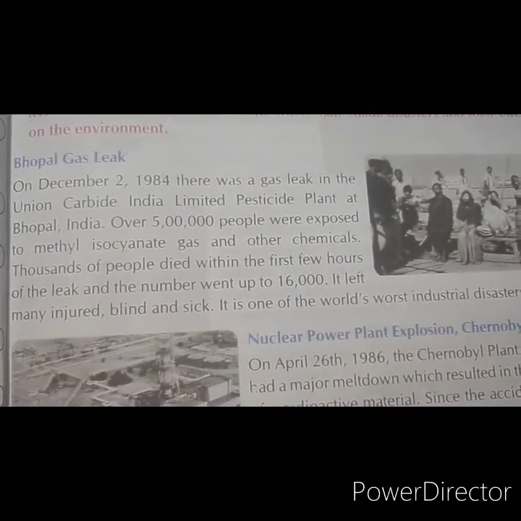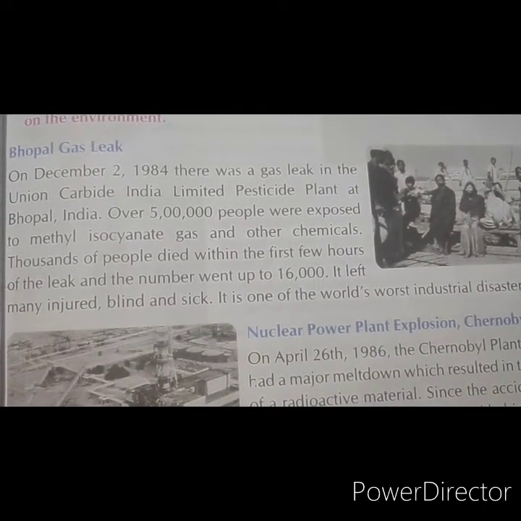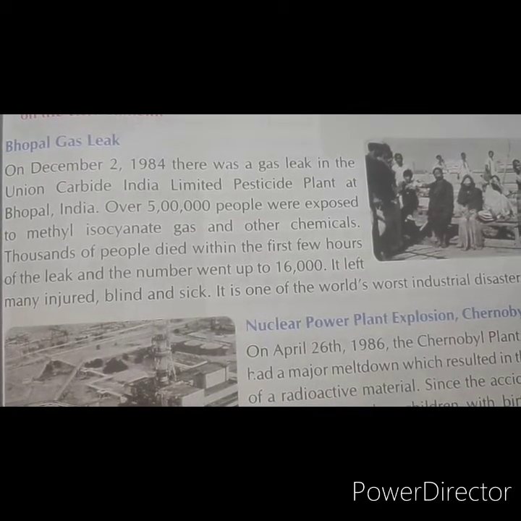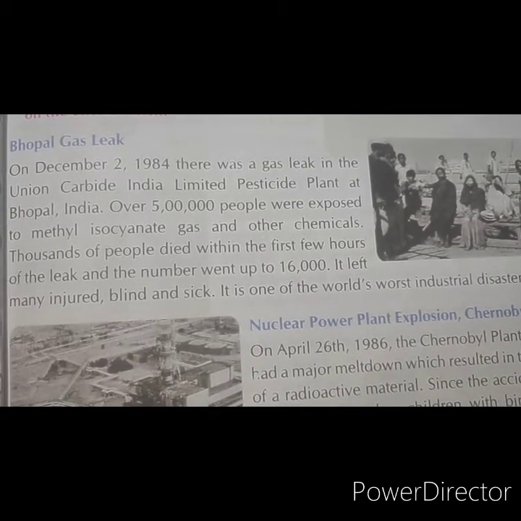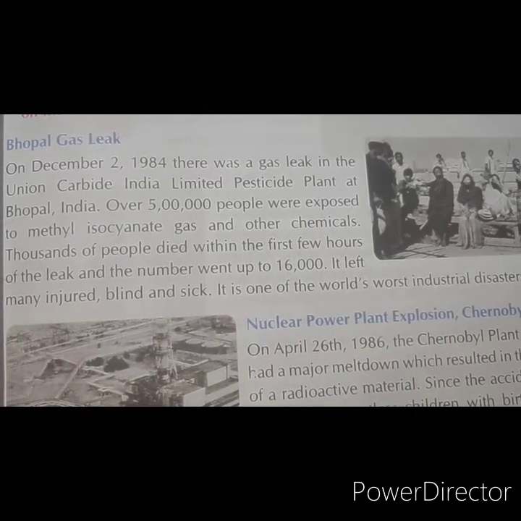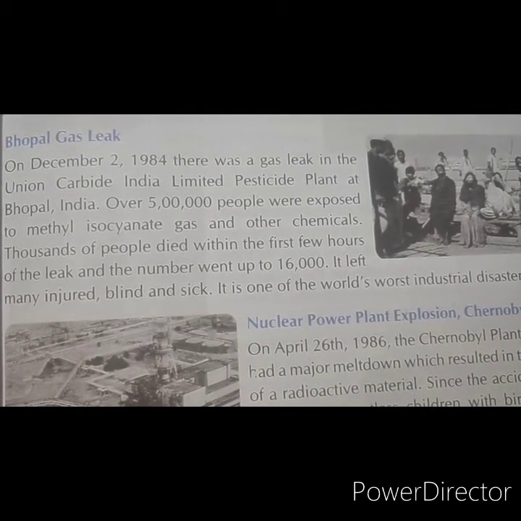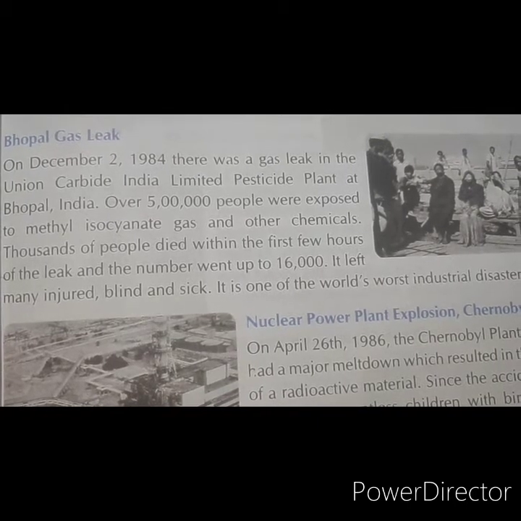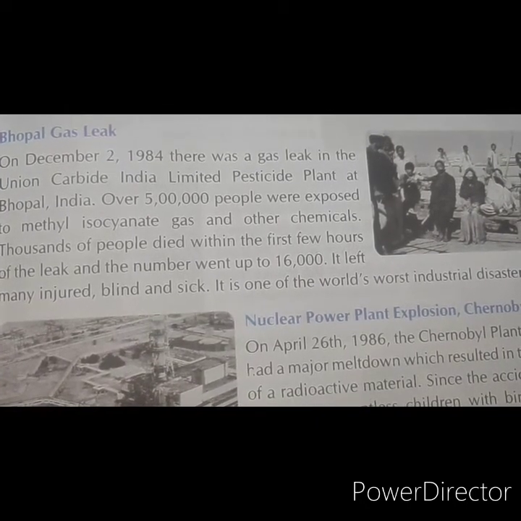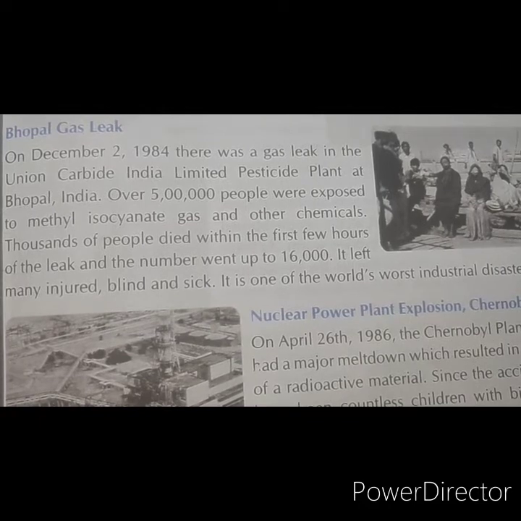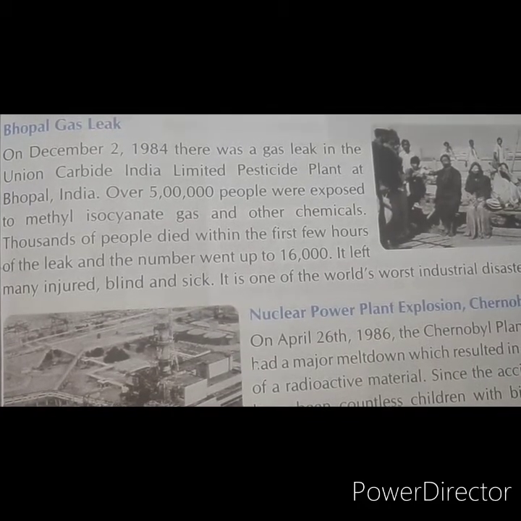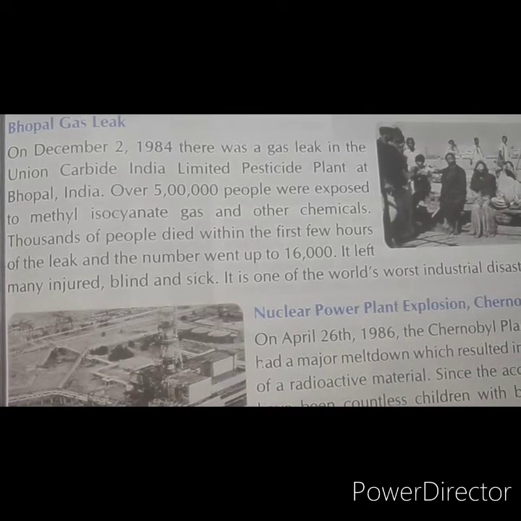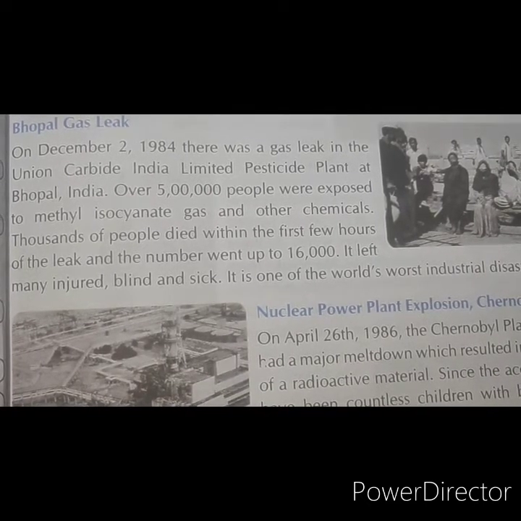First is Bhopal gas leak. On December 2, 1984, there was a gas leak in the Union Carbide India Limited pesticide plant at Bhopal, India. Over 5 lakh people were exposed to methyl isocyanate gas and other chemicals.